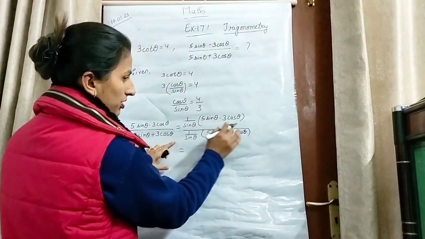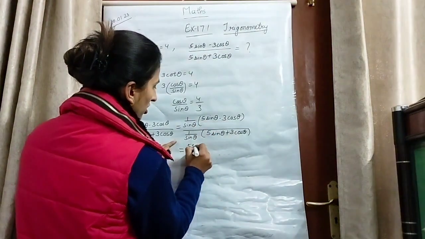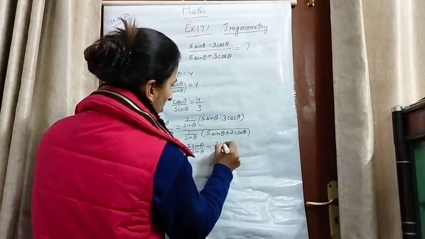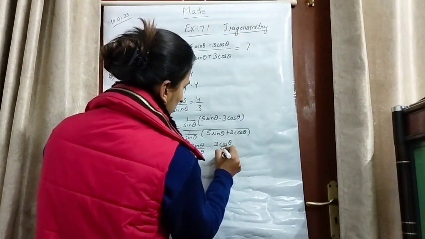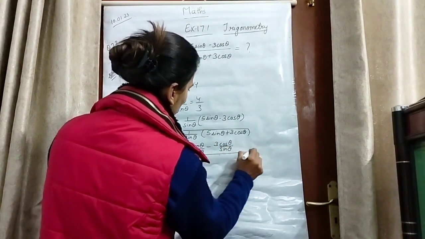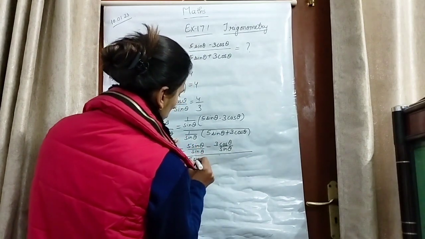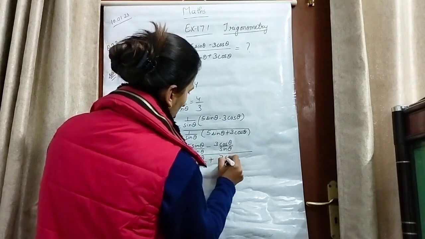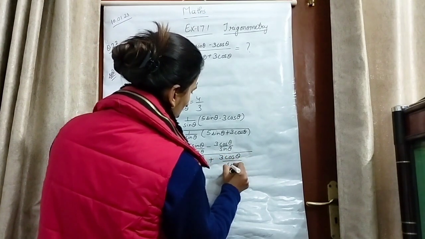Now sin theta will come inside the bracket and each term will get divided by sin theta here. 3 cos theta upon sin theta.